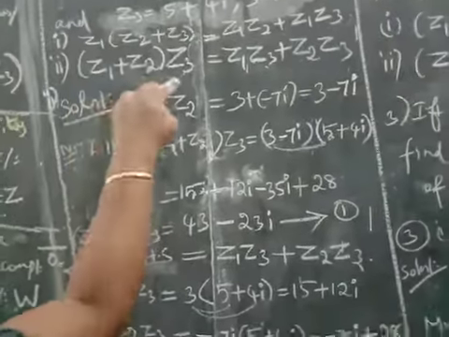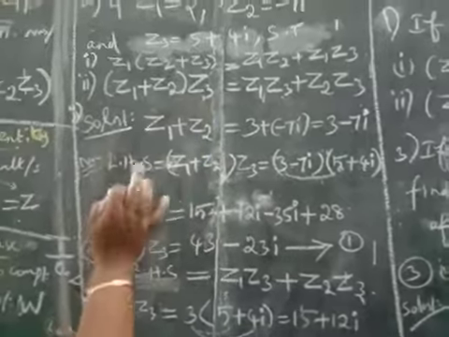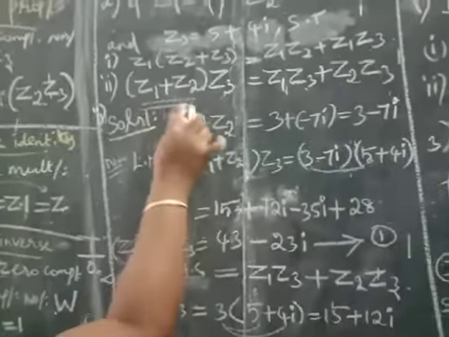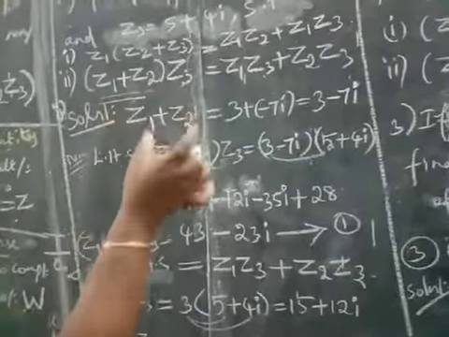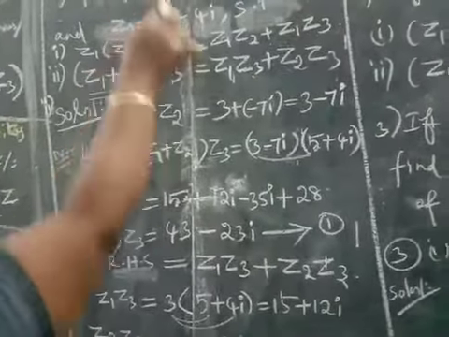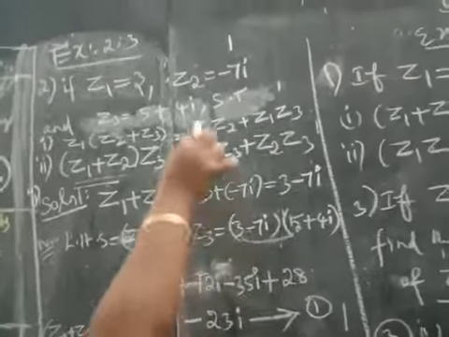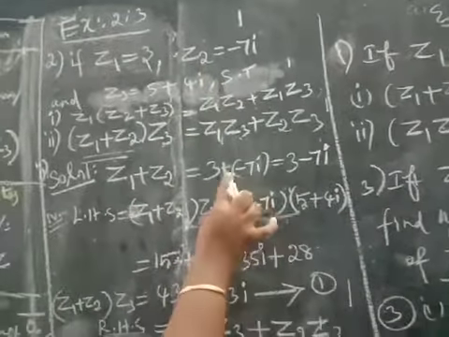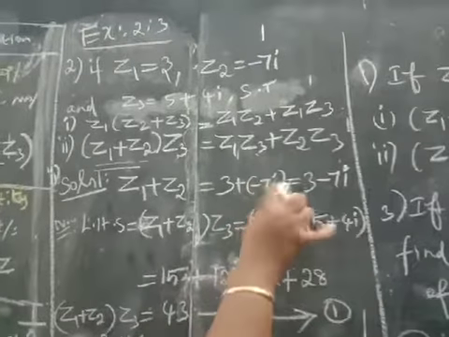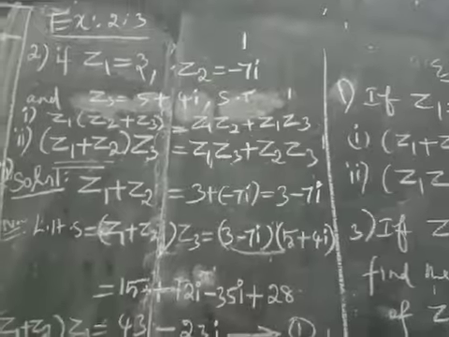What is in the LHS? (z1 plus z2) into z3. So first we have to find the bracket term. What is in the bracket? z1 plus z2. Now what is z1? 3. You write 3 here. Next put a plus symbol. And what is z2? Minus 7i. Plus into minus is minus 7i. So z1 plus z2 equal to 3 minus 7i.